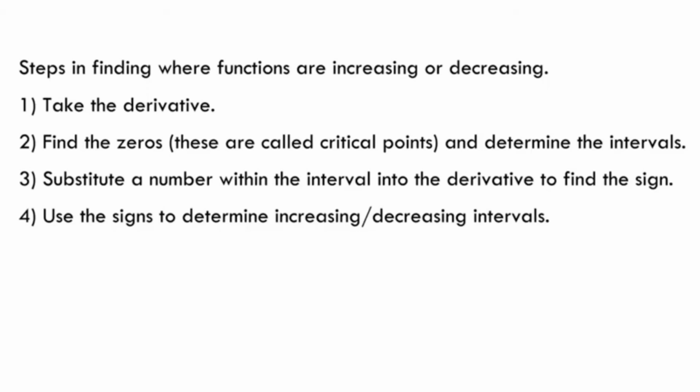And then you're going to substitute a number within the interval, which means you're going to figure out a number that's not a critical point by doing a timeline and plug it into the derivative and see if you get a positive or negative, and that will determine if you have increasing or decreasing once you know which intervals are positive or negative. Because as we said, you can use that to figure out whether your function f of x is exactly increasing or decreasing.